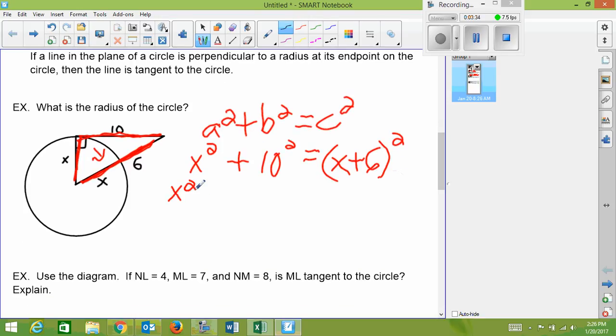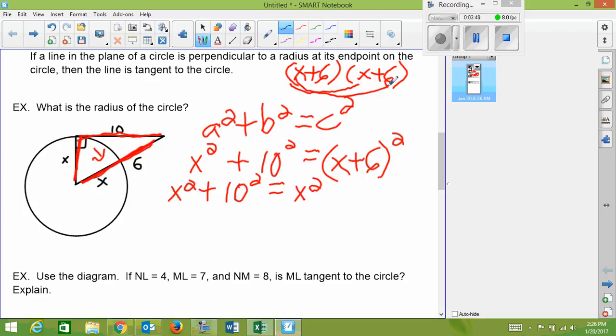So I have x squared plus 10 squared equals, and I have to go ahead and take x plus 6 times x plus 6. So FOIL method: x squared, 6x and 6x, so I have 12x, and then 6 times 6 is 36. And then I just need to go ahead and finish this.